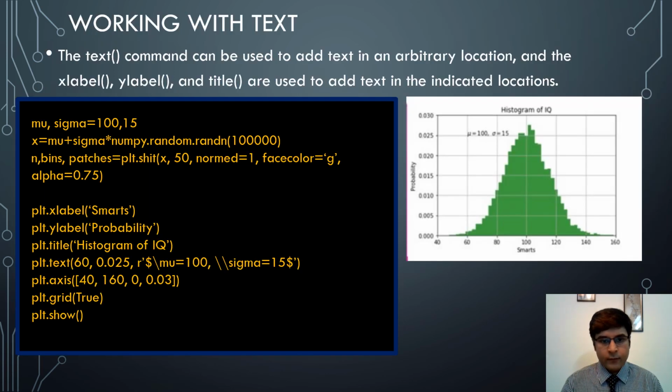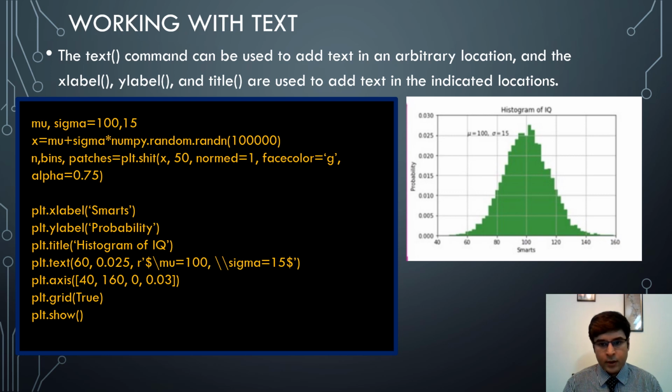Next, we see working with text in the pyplot matplotlib module. So the text command can be used to add text in an arbitrary location, and xlabel, ylabel, and title are used to add text in the indicated locations. So if you want to add text to a random position like this here, mu is equal to 100 and sigma is equal to 15.